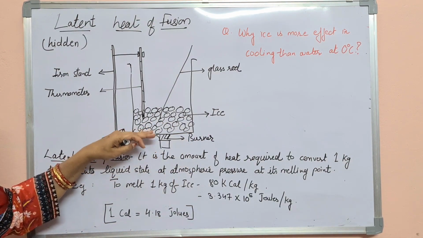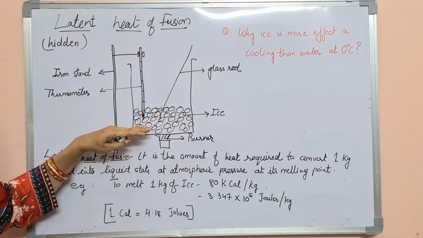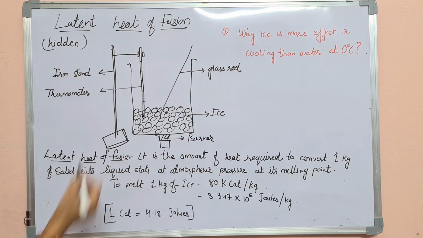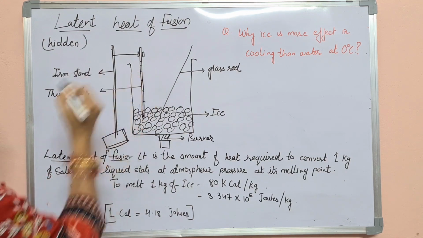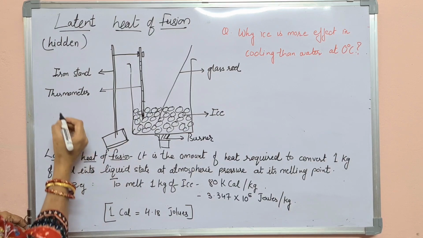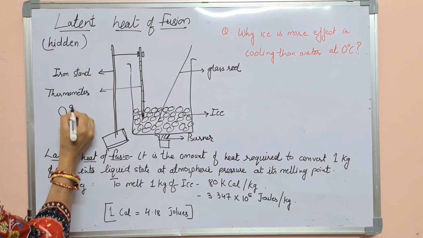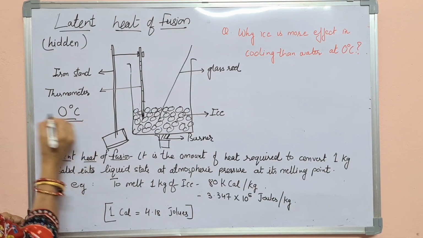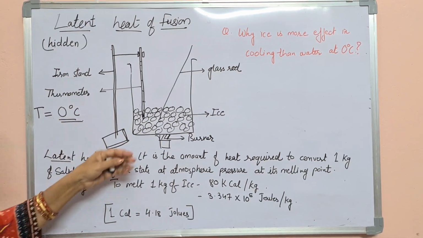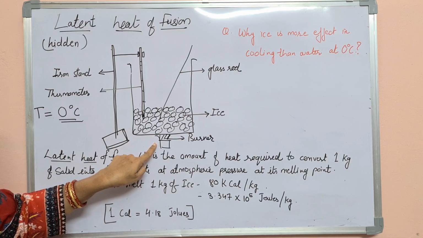So as soon as temperature increases, heat energy is supplied, ice starts melting. Now you note down the temperature here in the thermometer. You will see that the thermometer reading is 0 degrees Celsius. Now you continue the heating process.